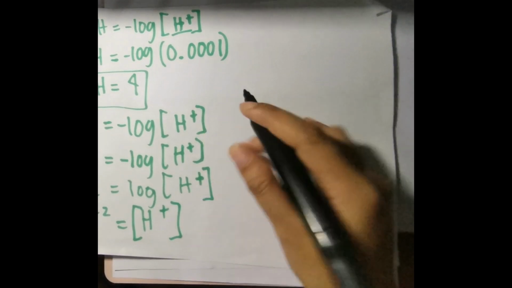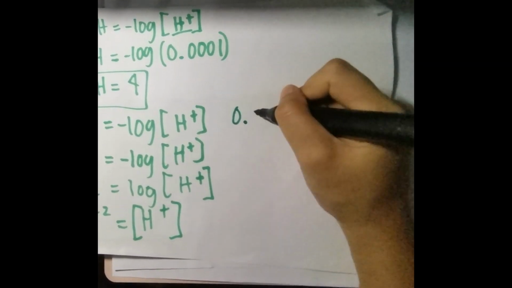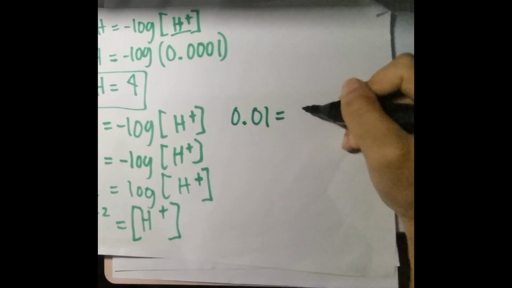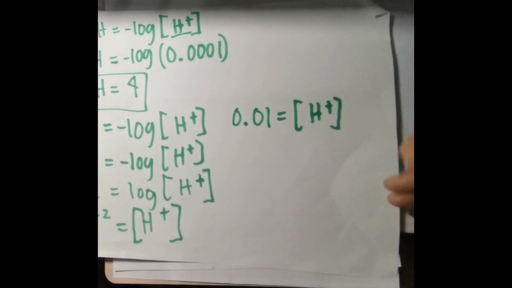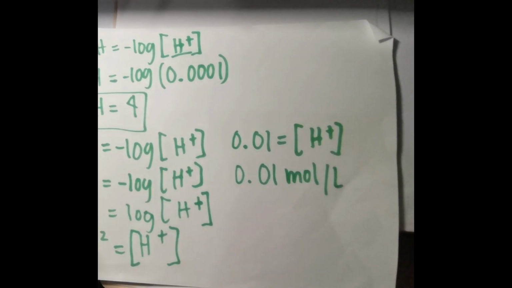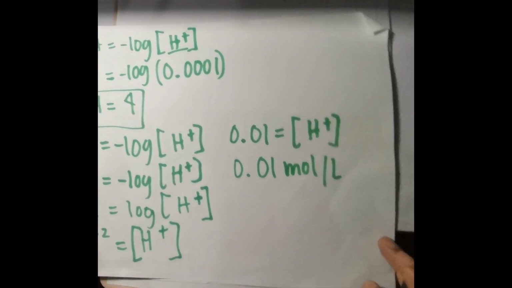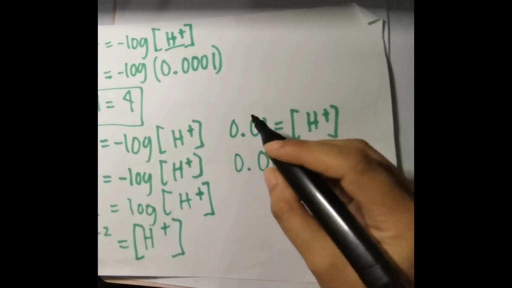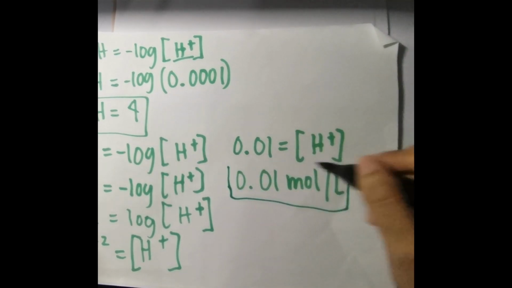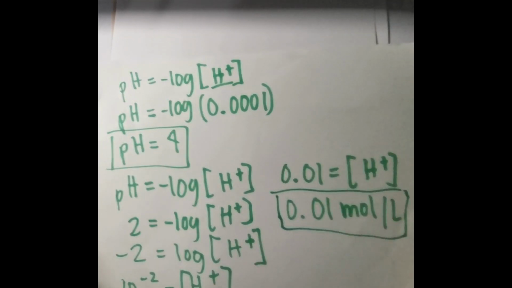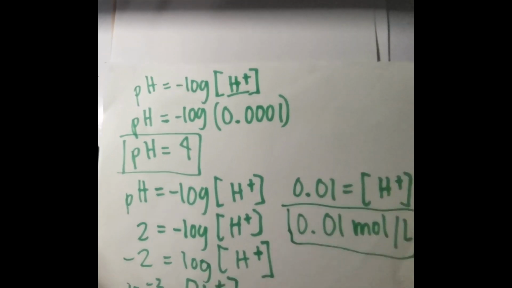So the final answer will be 0.01 is equal to H plus. So for our conclusion, the concentration of hydrogen ion is 0.01 mole per liter.